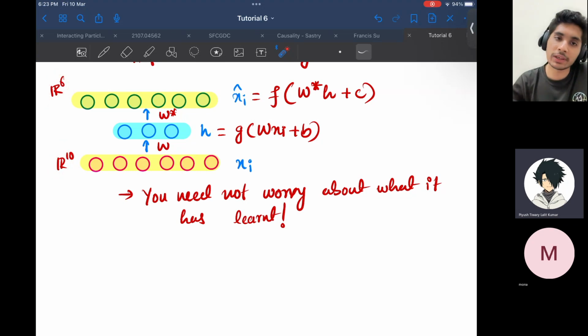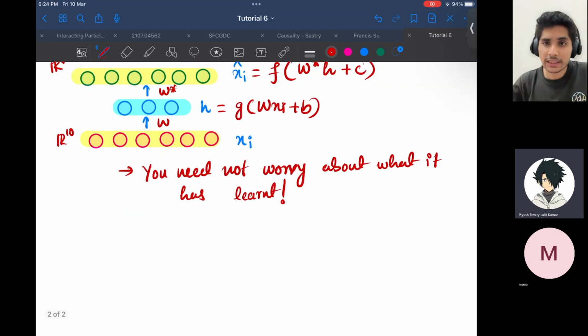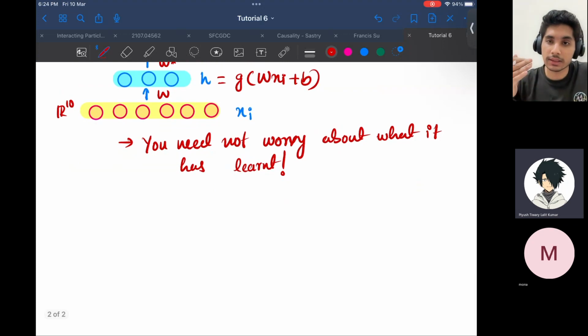These vectors will not match eventually. So this has to be R10. It cannot be R6, and hence the dimensions need to be the same. That is what reconstruction means: you have to exactly replicate what is given to you as input, and that is only possible if the dimensions are the same. Otherwise, there is no hope of creating the same thing.